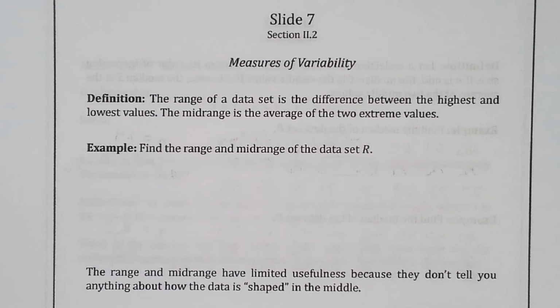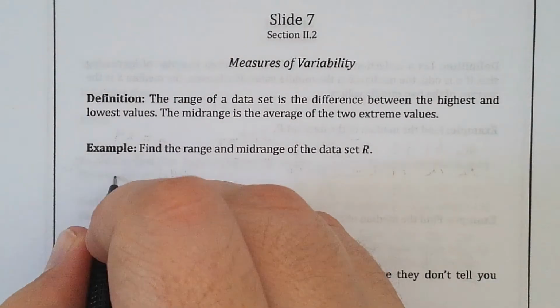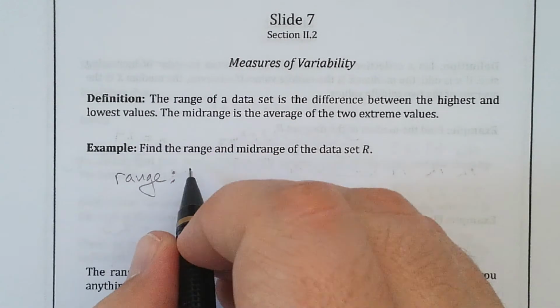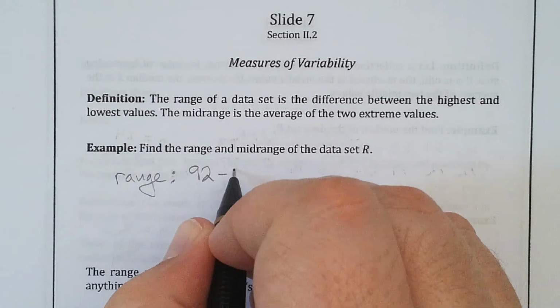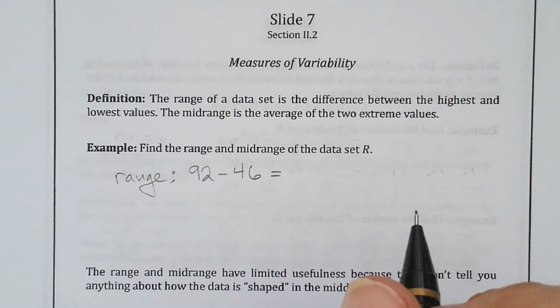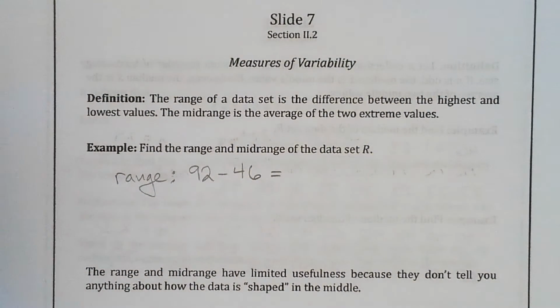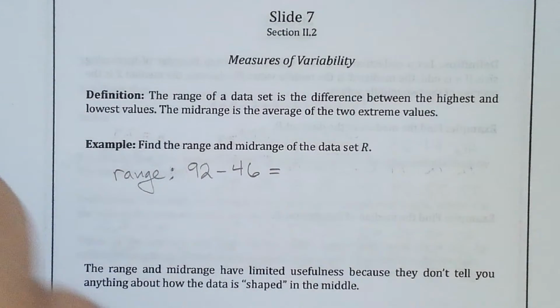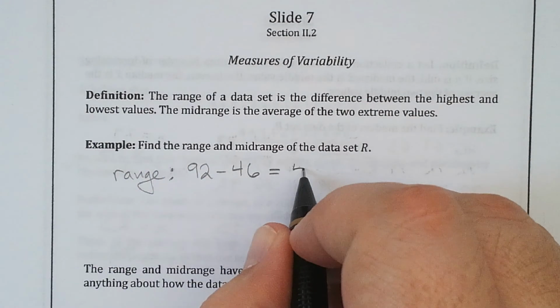So for example, for the data set R, the range is the difference between the highest and lowest values. That's going to be 92 minus 46, and we get 46.